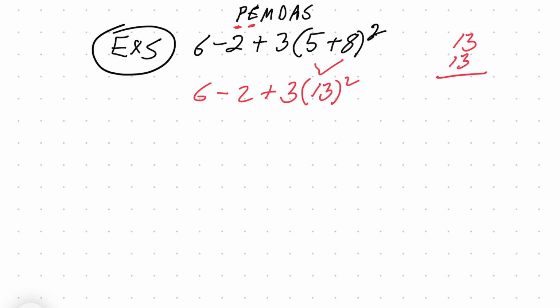So on the side, you can multiply. 3 times 3 is 9. 3 times 1 is 3. 1 times 3 is 3. 1 times 1 is 1. And you get 169. So 13 squared is 169. So here, we really don't need the parentheses anymore. But you do need to put a dot right there, because 3 is multiplied to the 169.